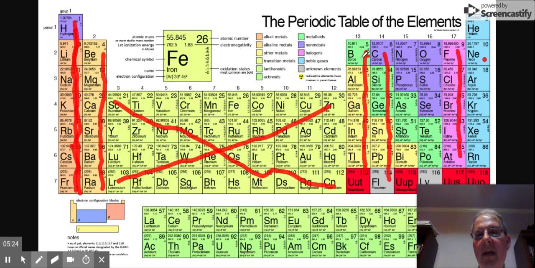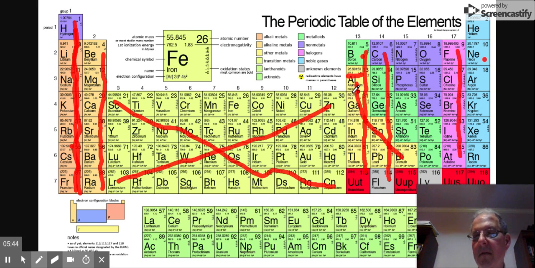Now these right here, from here to right there, are metals, but they are starting to transition away from being full metals.